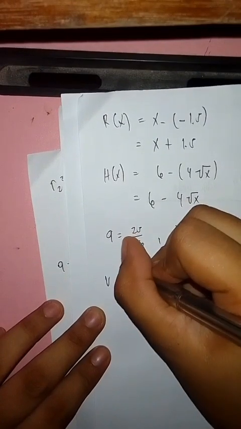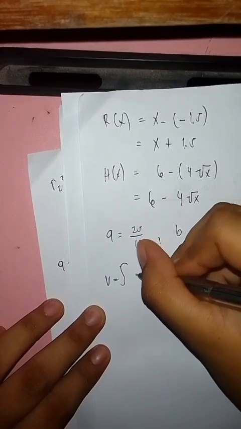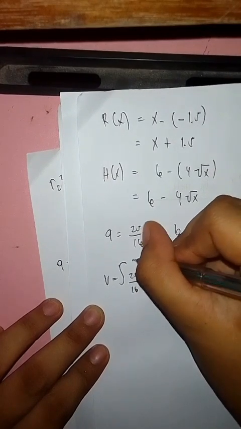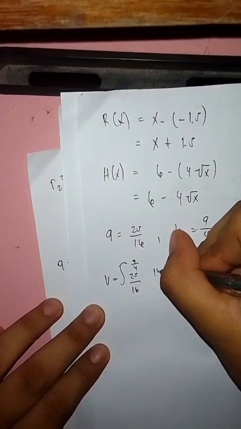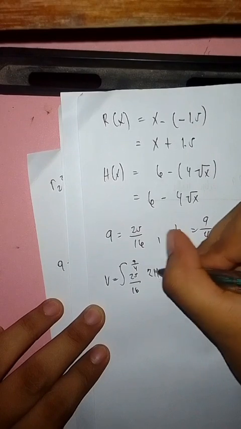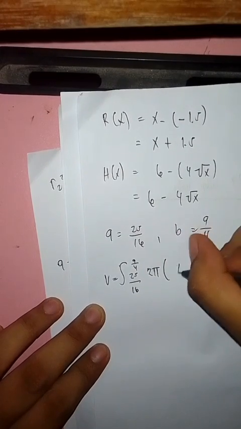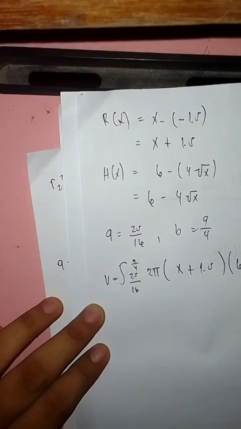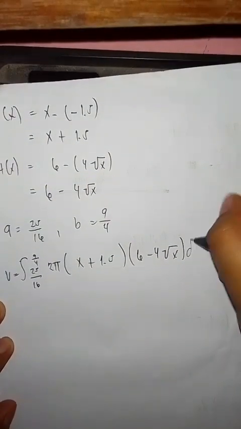So V is equal to the integral of 2 pi times (x plus 1.5) times (6 minus 4 square root of x) dx.